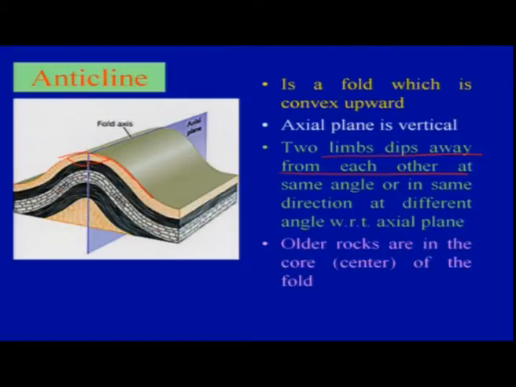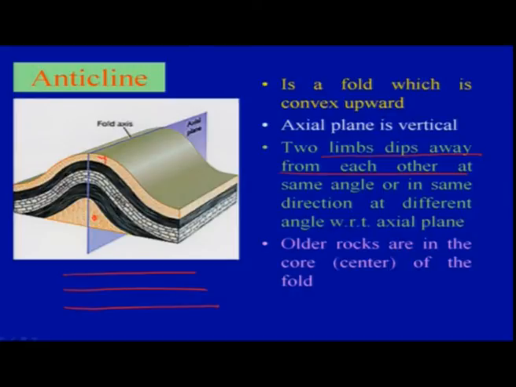If you look here, as I was saying in the previous slide, all beds are deposited in horizontal fashion. So, here this one is older and on top this one is younger.